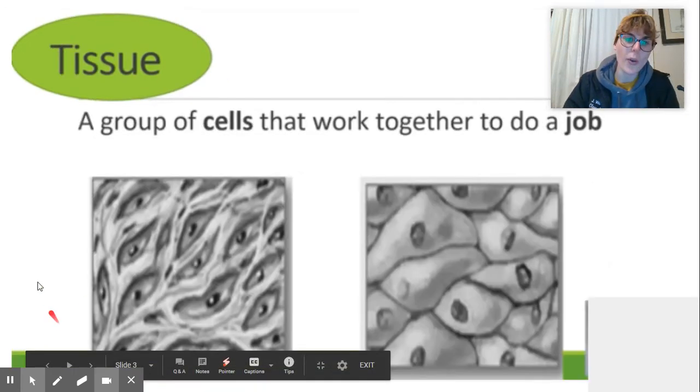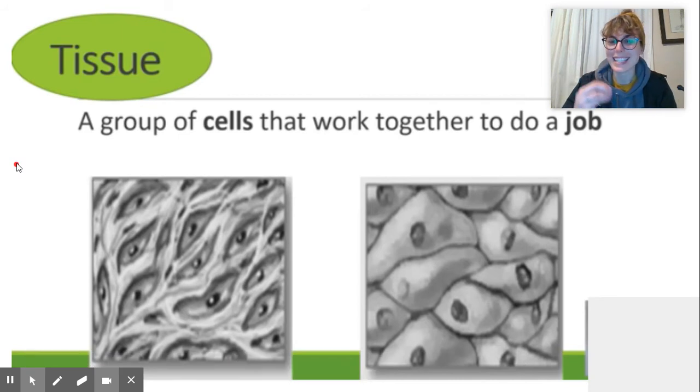So, we can take these cells that have very specific jobs in an organism, and we can group them commonly to do a larger task, to do a bigger job, right?